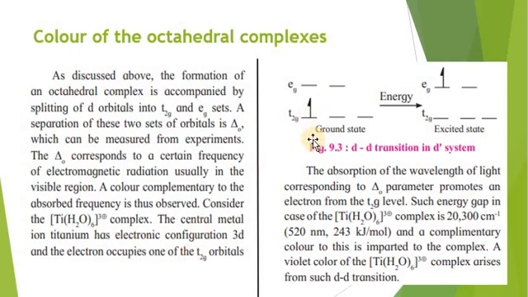Absorption of the wavelength corresponding to the delta O parameter promotes the electron from the t2g level to the eg level. The energy gap in this complex is 20,300 cm-1, and the complementary color imparted to the complex is violet, arising due to the d to d transition.